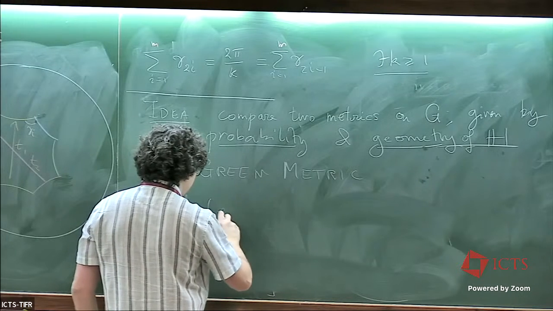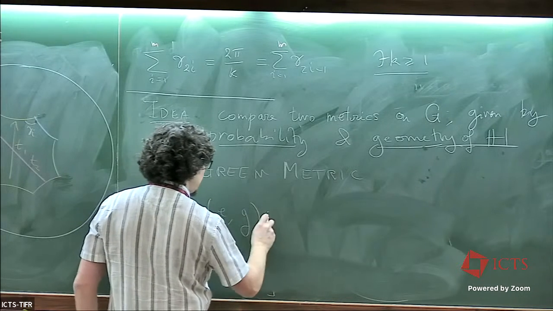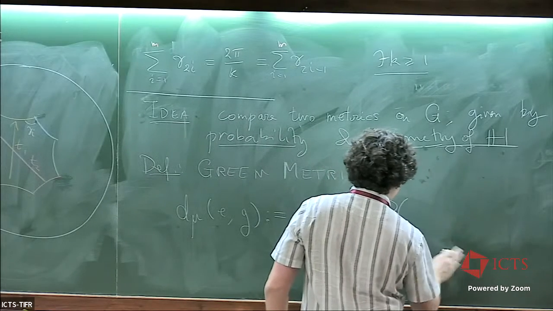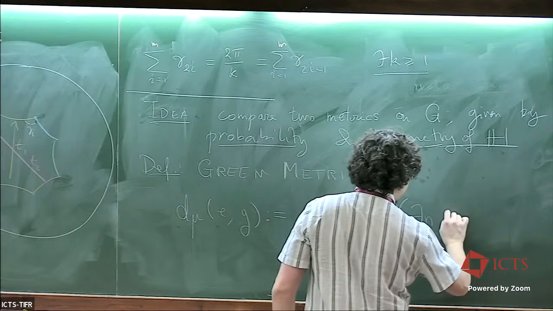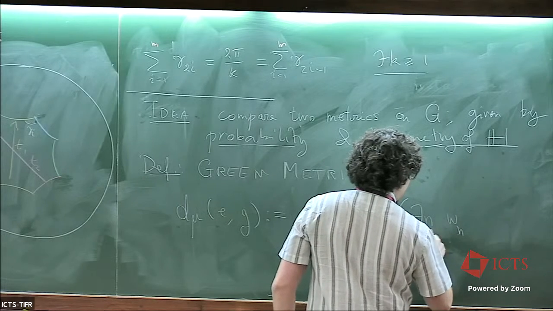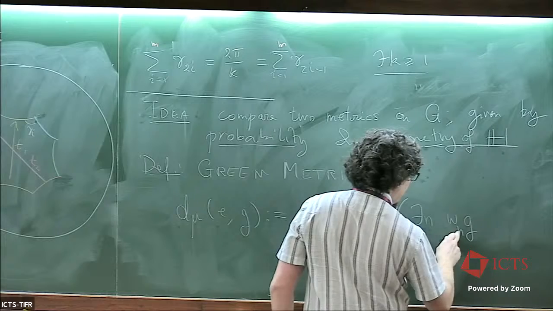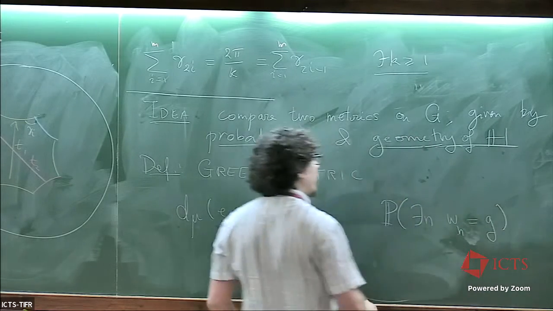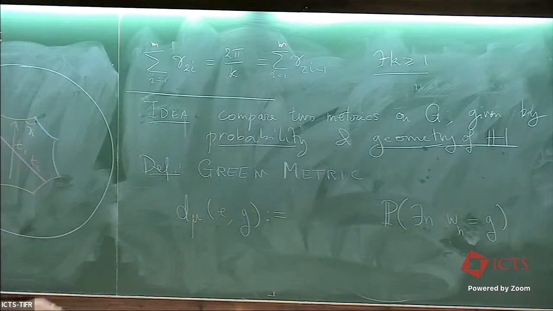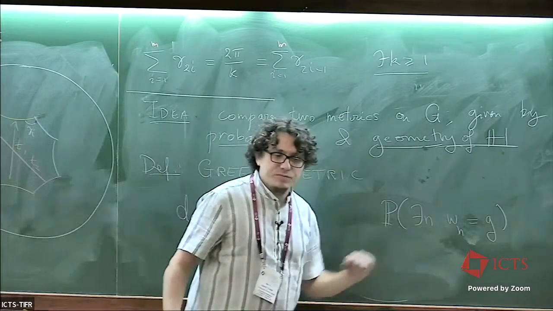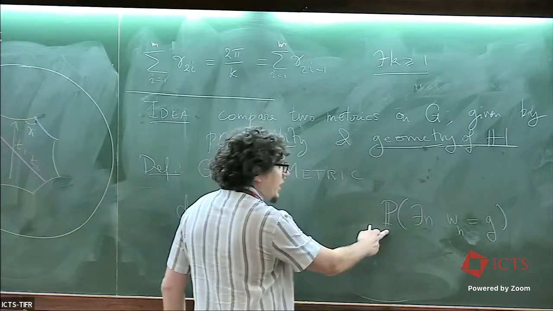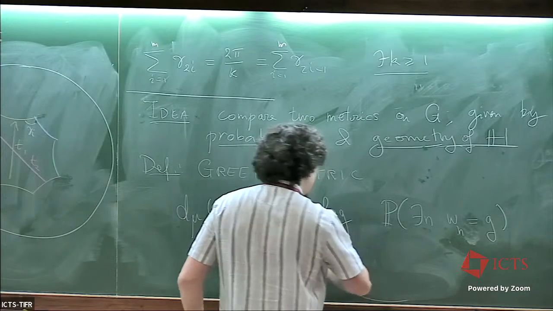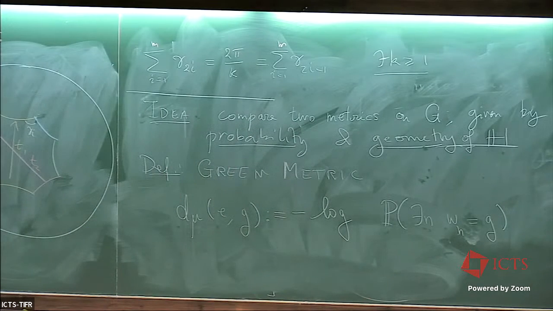Say you want to go from E to G. What you do is look at the probability of ever existing a random path that goes in n steps from the identity to G. So the probability of ever, in however many steps, reaching G. And this is a number, of course, between 0 and 1. So to get a metric-like object, you take minus log. So that's between 0 and infinity.